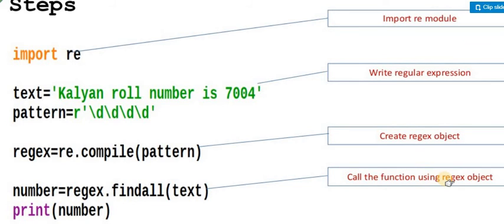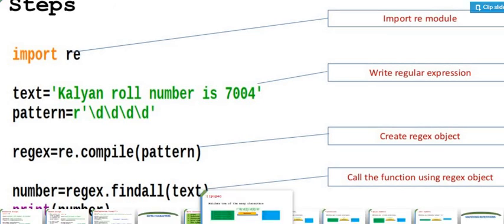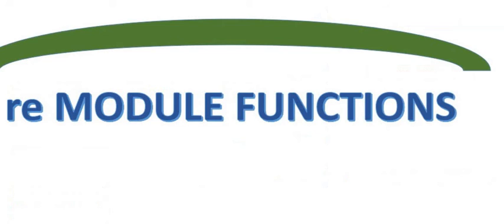That means we are calling these functions using the regex object, and we are printing that. So first of all we have to understand all the methods, how we can match the characters, and how we can write the regular expressions.